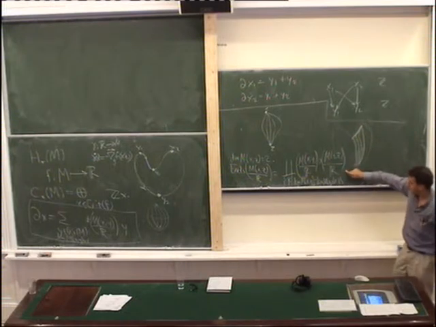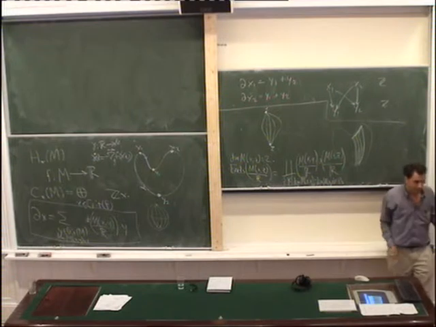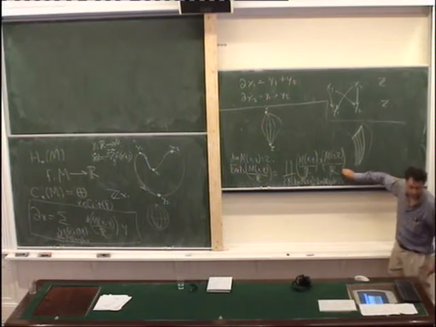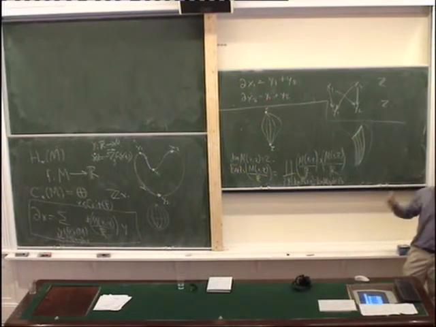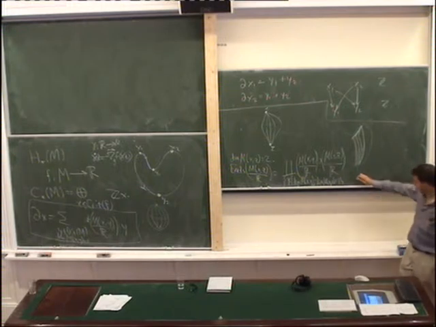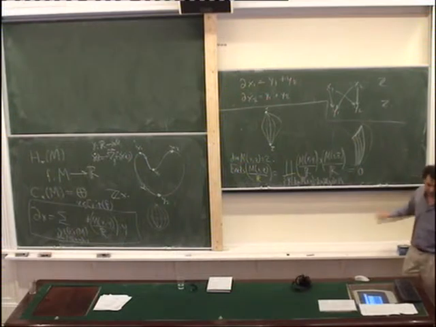And now, if you just remember that the number of ends of a compact one-manifold with boundary is always even, then you see that this number of ends is 0, at least mod 2. And today we're always working mod 2. On the one hand, we know this is equal to 0 just by abstract nonsense.